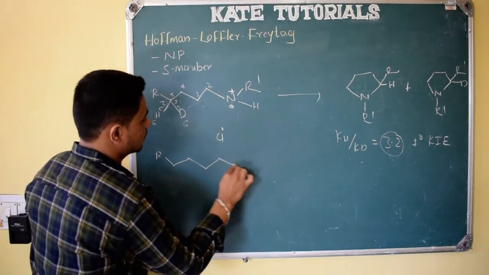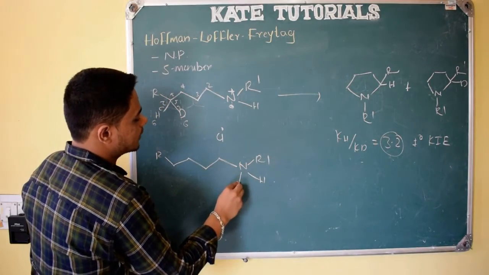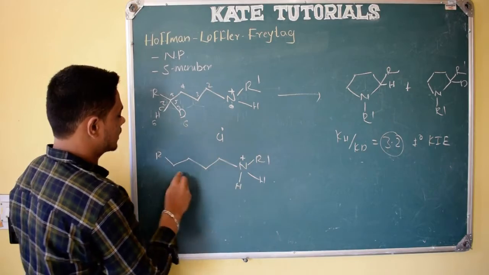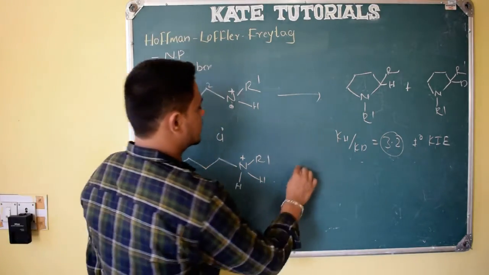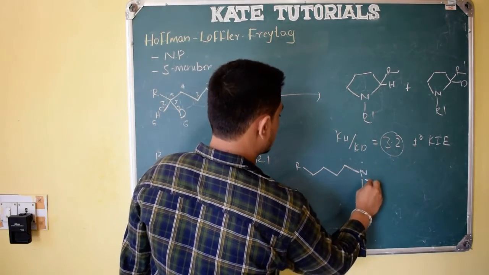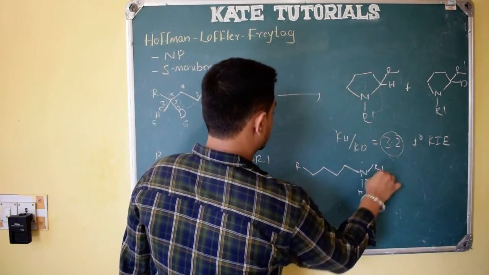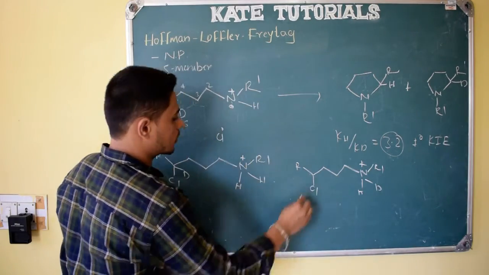These mechanisms you know, because I have explained. In one case it may take H, and a positive charge will be there, and chlorine will be there like this, and deuterium will be there. In the other case, what will happen? It will take D here, R dash, and a positive charge will be there, and chlorine will be there, and hydrogen will be here.